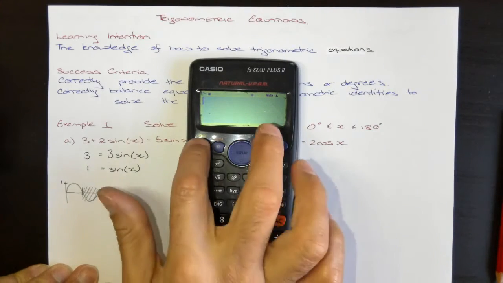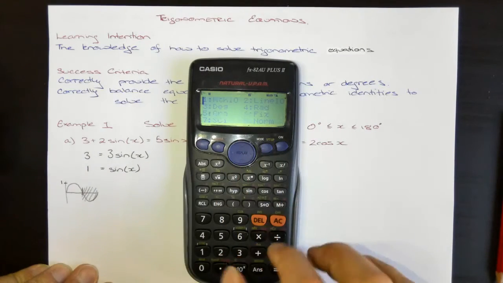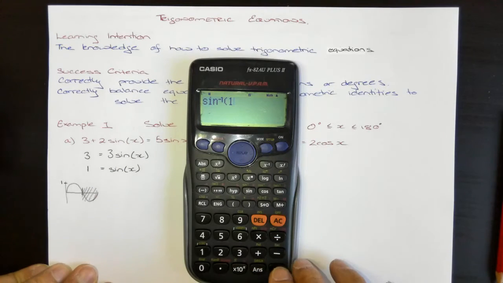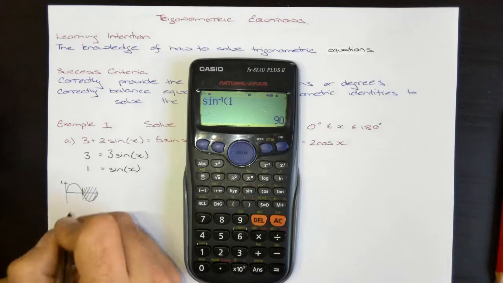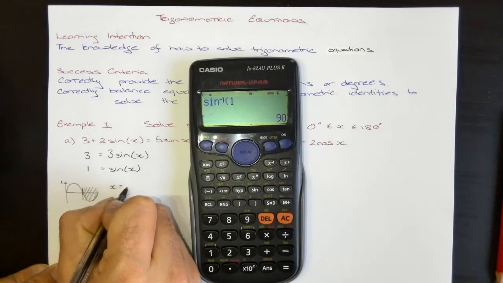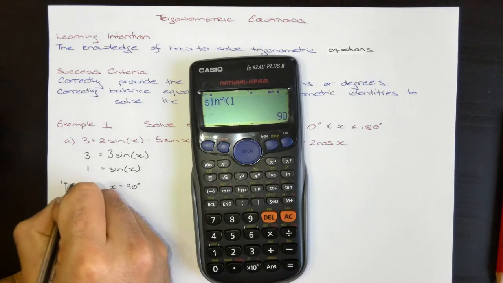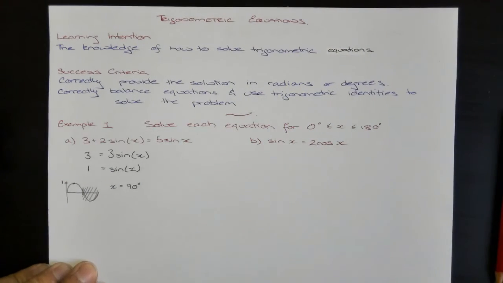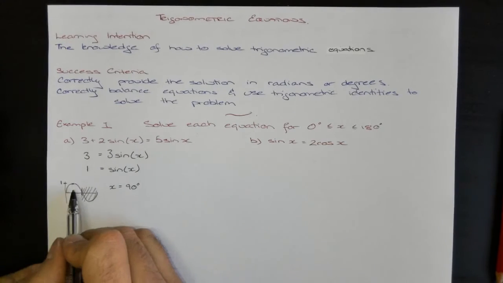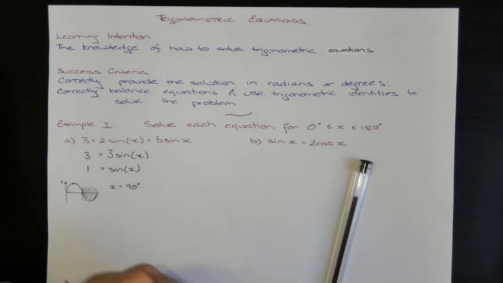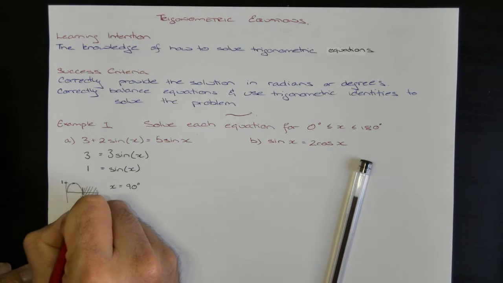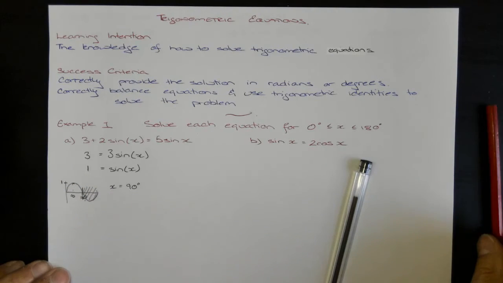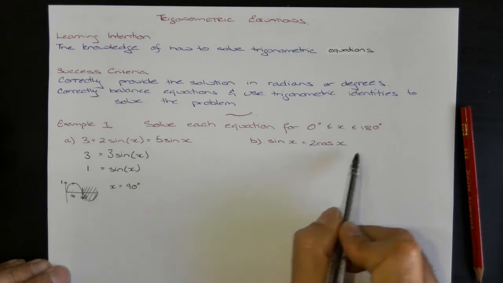Currently it's in radians. So shift mode 3. So shift sine of 1, I get 90 degrees. So x is 90 degrees, which correlates to that point there. So you could have done it with the graph, realizing that this was 180, so half of that is 90.